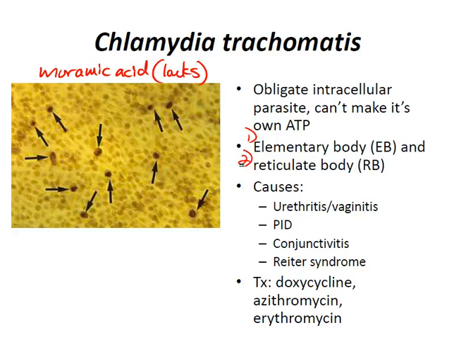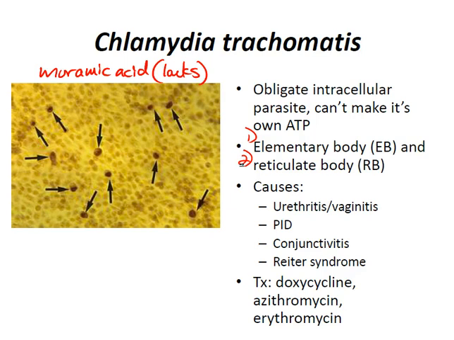So, with these two morphological forms, back to Chlamydia trachomatis, sorry about that. You get an internalization trigger, a conversion to the RB form, the reticulate body form, which is metabolically active but not infectious. So the RB, the reticulate body, is not infectious.